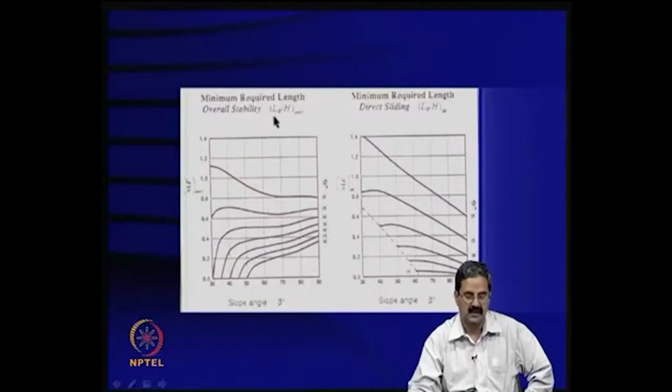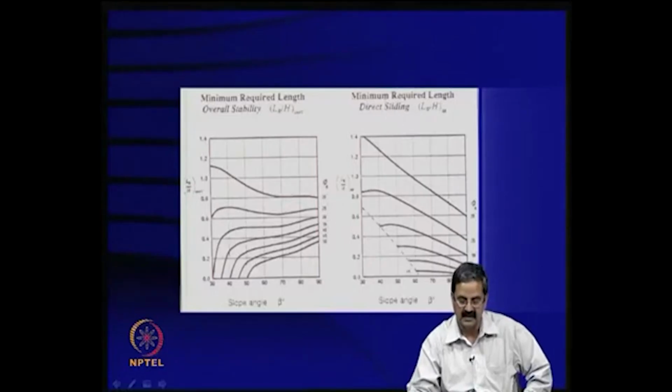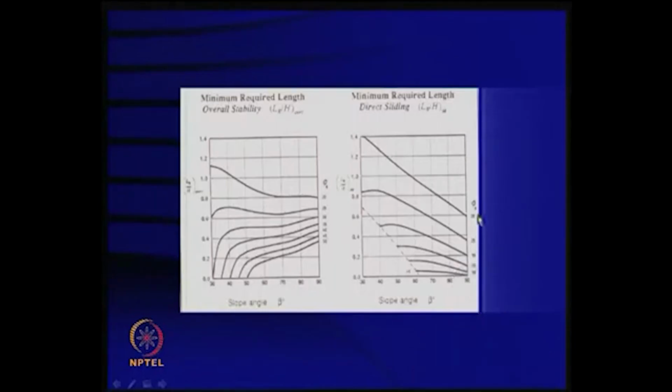This is the length required for overall stability, and this is the minimum length required from direct sliding considerations. You can see here that if the slope angle is about 90 degrees and phi equal to 20 degrees, it is about 0.6 here, and if it is 25, it is 0.438 here or something, but you have to take whichever is higher.